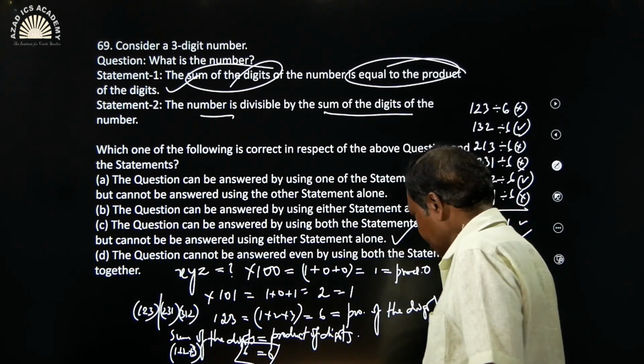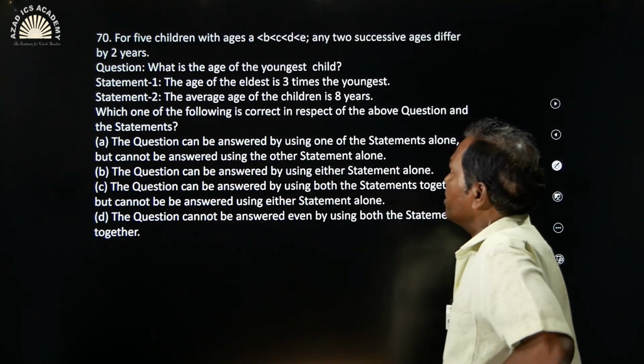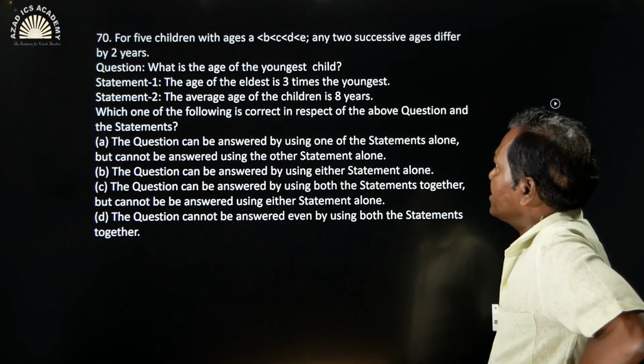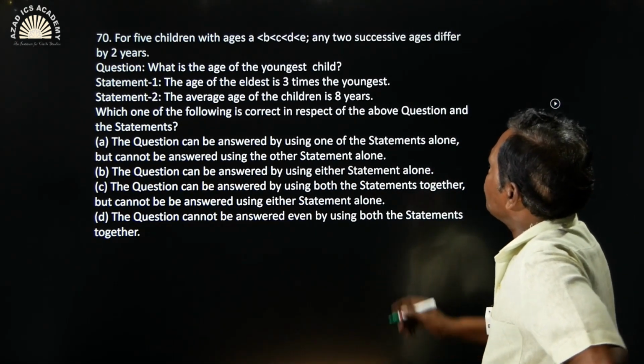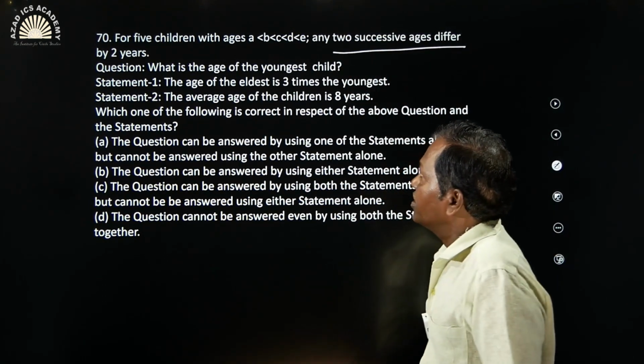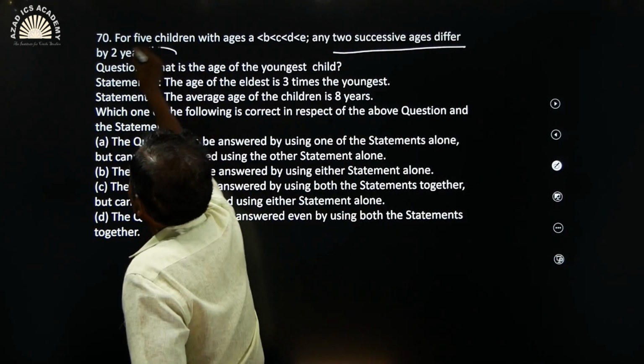That is right. For 5 children with ages A less than B less than C less than D less than E, any 2 successive ages differ by 2 years.